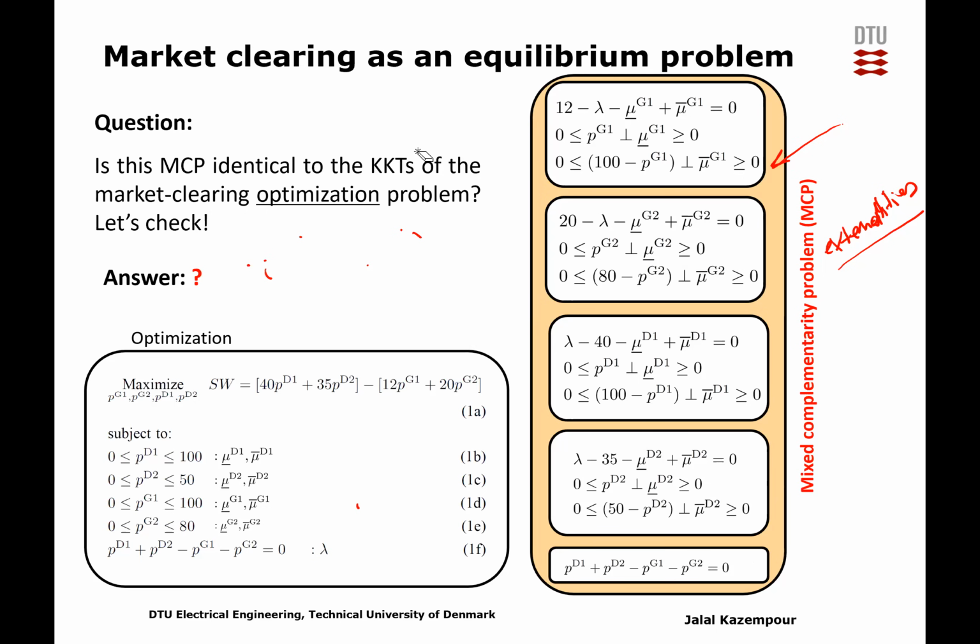Externality is one example of international power exchange. Yeah, Makis, you're asking a question that deviates a bit from the content. The most important thing is that fundamentally, in a competitive market without externalities, our market clearing optimization problem always has an equivalent equilibrium problem.